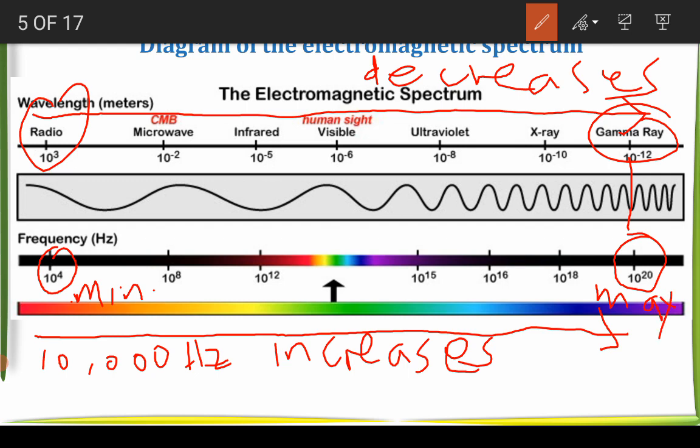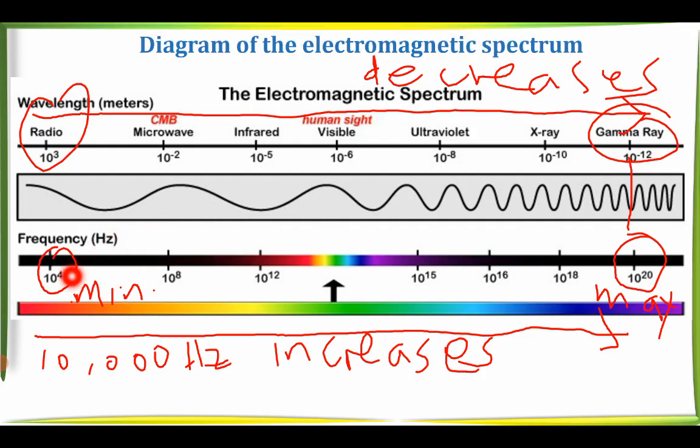You can see there that this is 10 to the power 4, 10 to the power 8, 10 to the power 12, 10 to the power 15, 10 to the power 16, 10 to the power 18, 10 to the power 20. So the numbers are increasing.